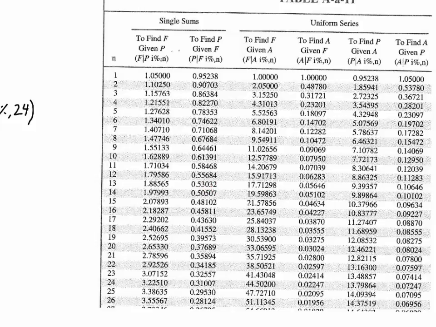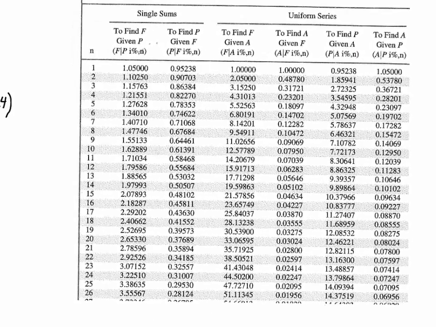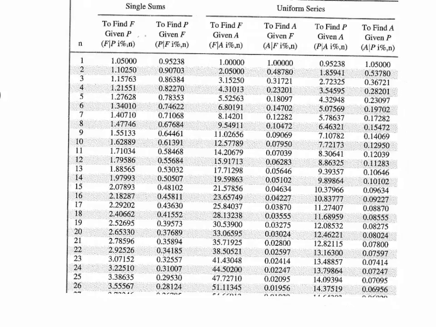The second factor is P given A, so that's the column, and then same interest rate, but then 24 years. So that's the column here, P given A, and then 24. So I'm dealing with this value here.